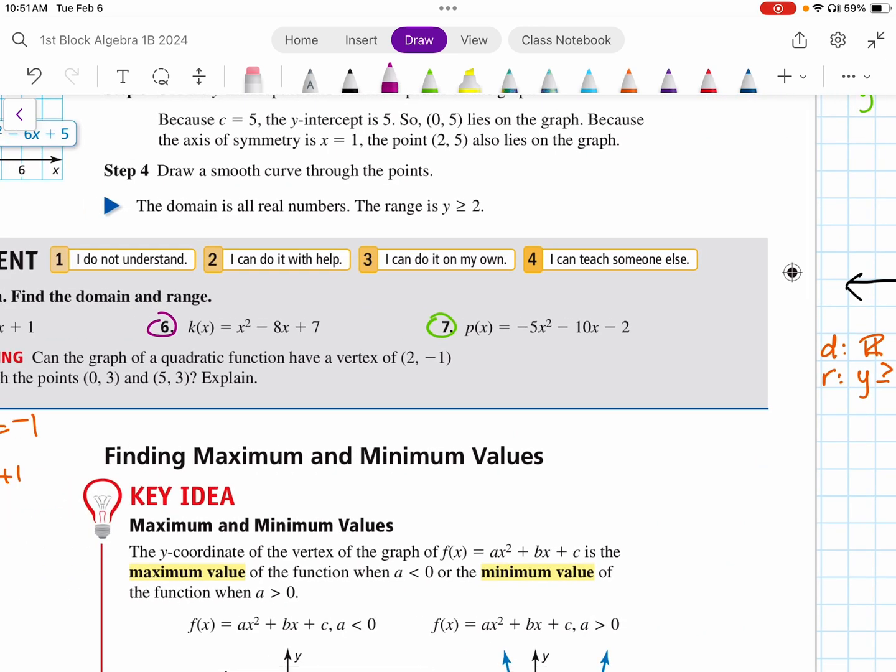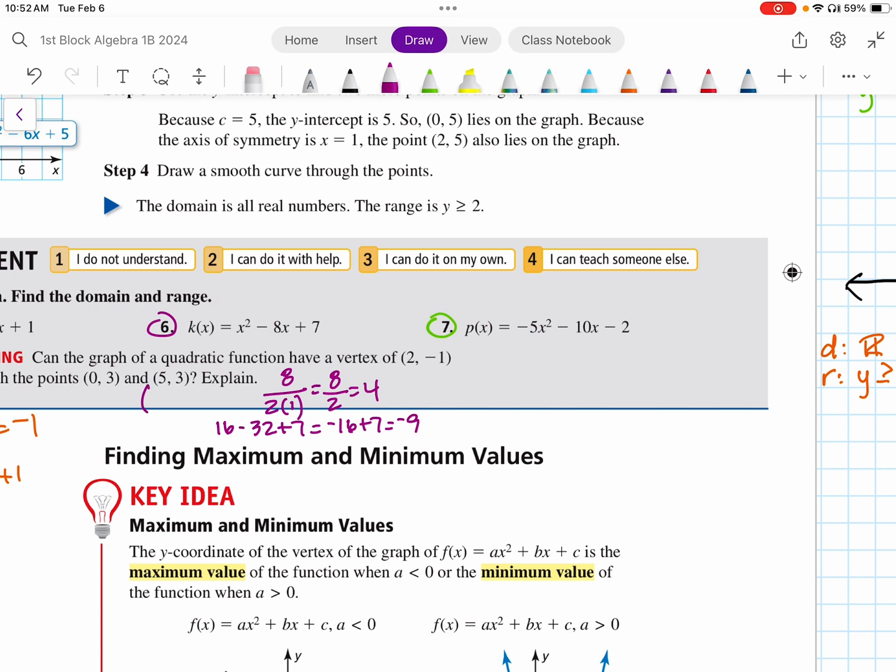All right, number 6. Our axis of symmetry is the negative of negative 8, that's positive 8, over 2 times a, which is 1. So 8 divided by 2 equals 4. Now we take that 4 and plug it back into the equation. We get 4 squared is 16, minus 8 times 4 is 32, plus 7, which is negative 16, plus 7, which is negative 9.